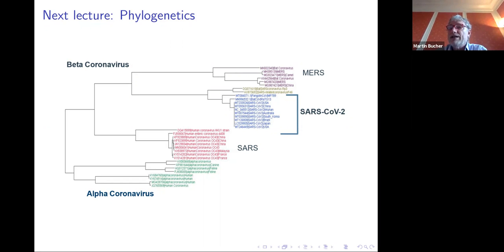So looking where there's a variation is a way of seeing what is important and what is noise. And that's one of the kinds of things that you can analyze with bioinformatics.